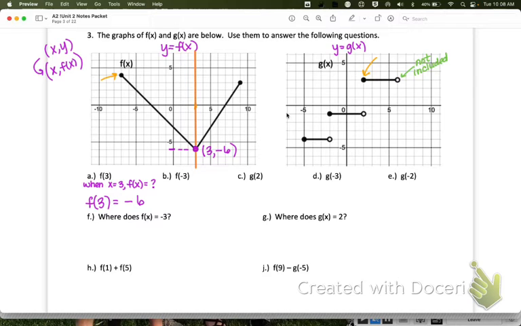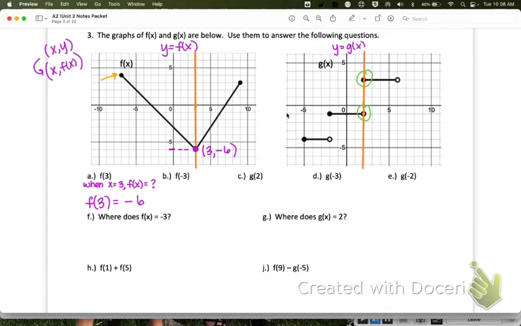Okay, let's think about C, g of 2. This one's a little bit trickier. If I look at g of 2, first we need to be looking at the graph on the right, and we go to where x is equal to 2, which is right here, and we think all the way up and down. That's all the places where x is equal to 2. Well, what's tricky about this one is I hit the graph twice, but do I really? The answer is no, I don't.